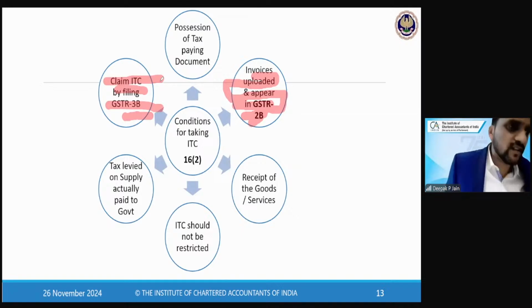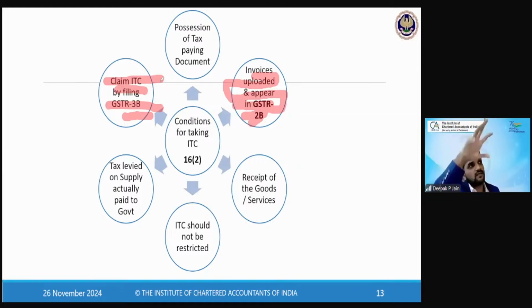So there's a question here which says that, sir, I have passed full credit of 1 lakh rupees in my books of accounts, that when I purchased from the vendor, I have shown it as an IGST credit available to me. Now, 1 lakh rupees is the tax charged. I have passed it correctly, sir. Is it sufficient, given the last condition in section 16(2), which says claim ITC by filing GSTR 3B?